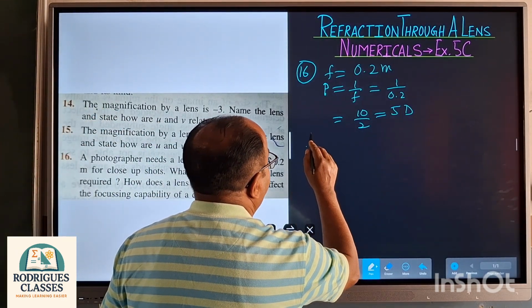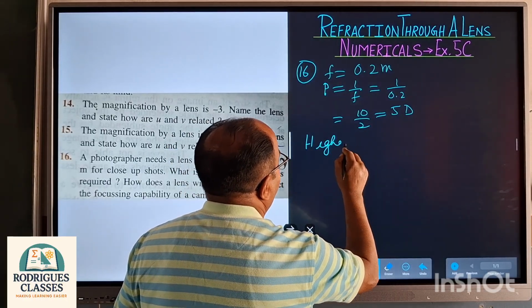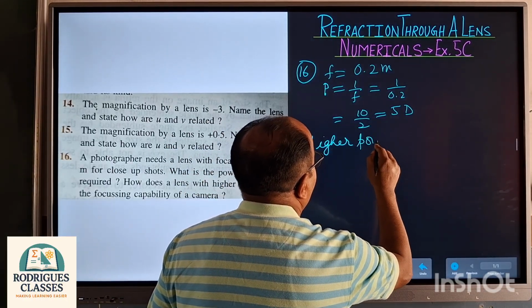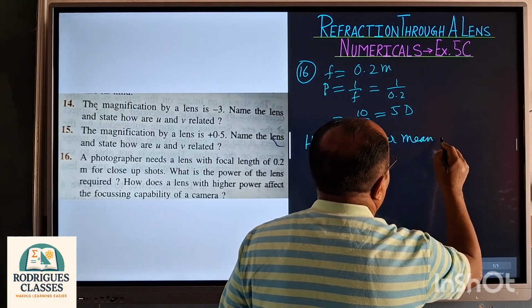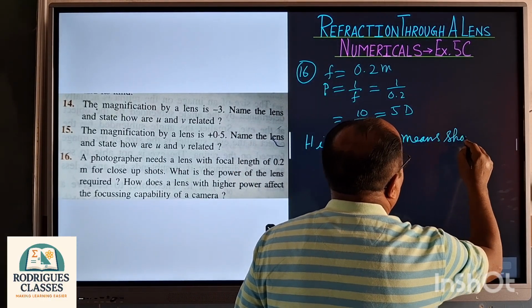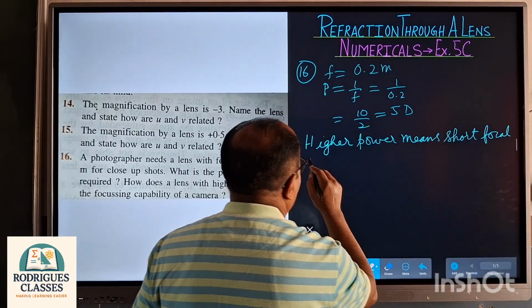So I will write here: higher power means short focal length.